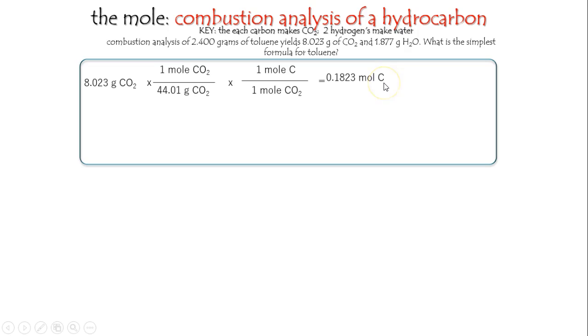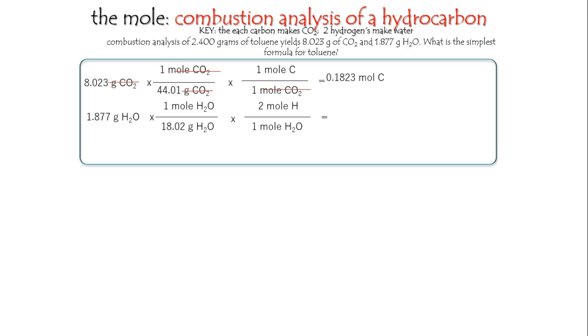I just put it right there. Similarly, we formed 1.877 grams of water, but 18 grams of water is a mole, and 1 mole of water contains 2 moles of hydrogen. So that back calculates how much hydrogen you must have started with. And it's 0.2083 moles of hydrogen.